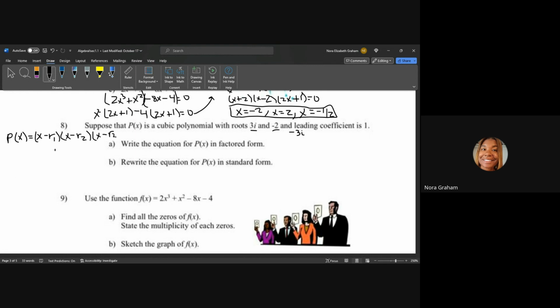And it just goes on and on from there, where your r's are just your roots that they give us. So this is where we're going to substitute in our roots. And I forgot as well, my apologies, that our a is right here as well, and we're going to substitute in our a.